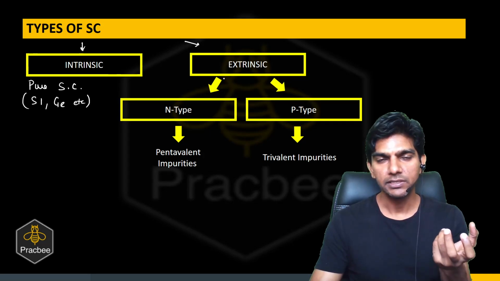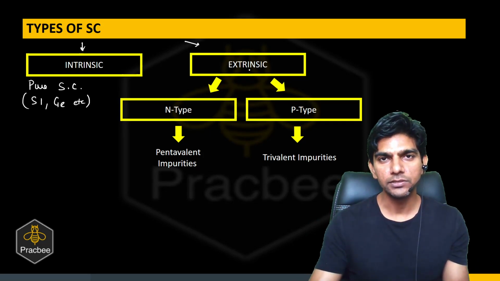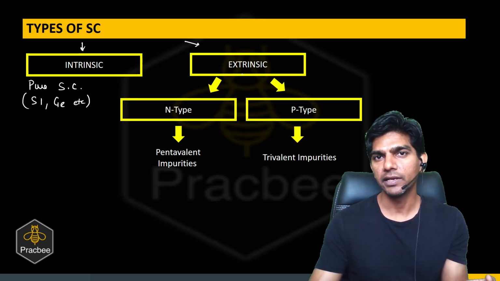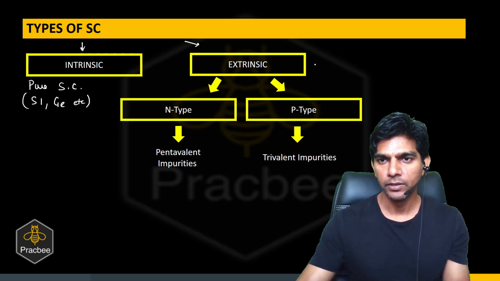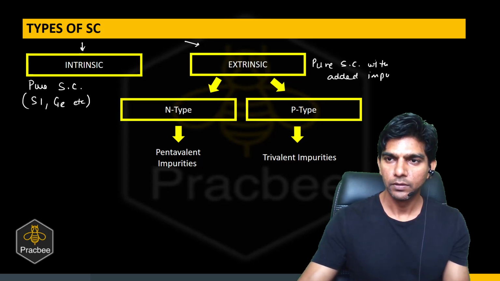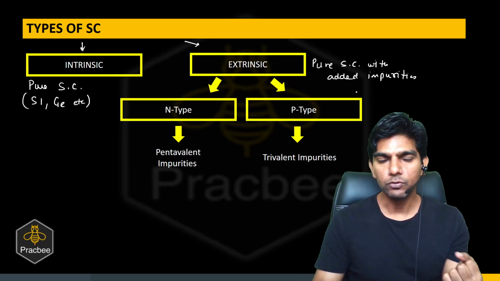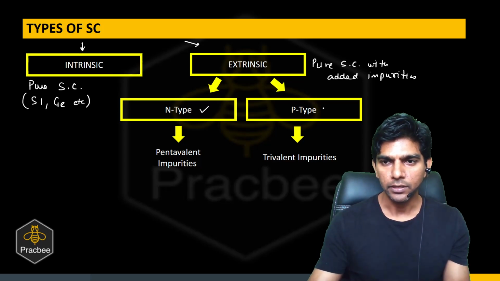If we add some impurities to a pure semiconductor, we get an extrinsic semiconductor. So a pure semiconductor with added impurities is called an extrinsic semiconductor. We'll study two types of extrinsic semiconductor: one is N type, another is P type.